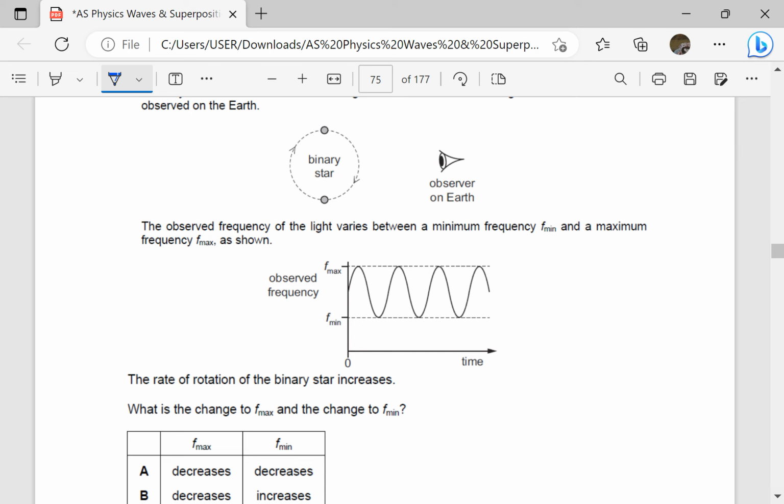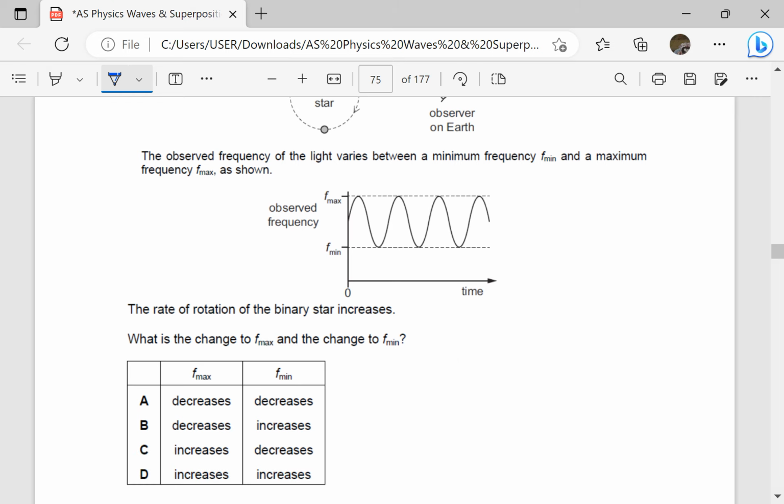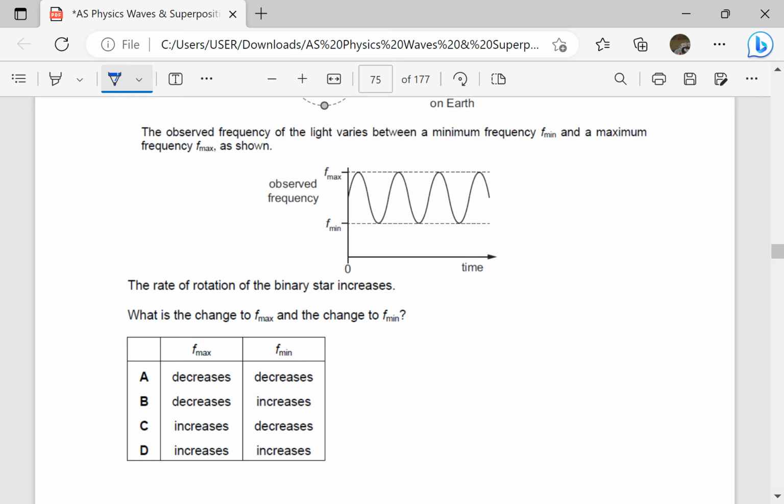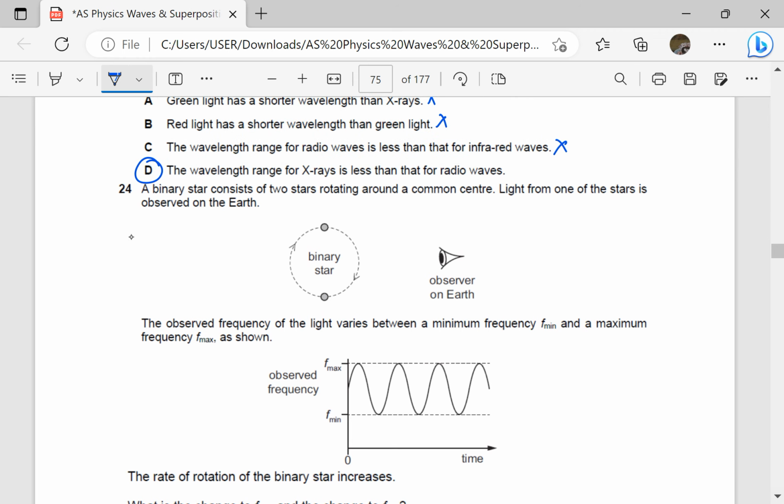What is the change of F max and the change to F minimum? F maximum is going to be obtained here when it is just moving towards, and F minimum will be here when it is just moving away.